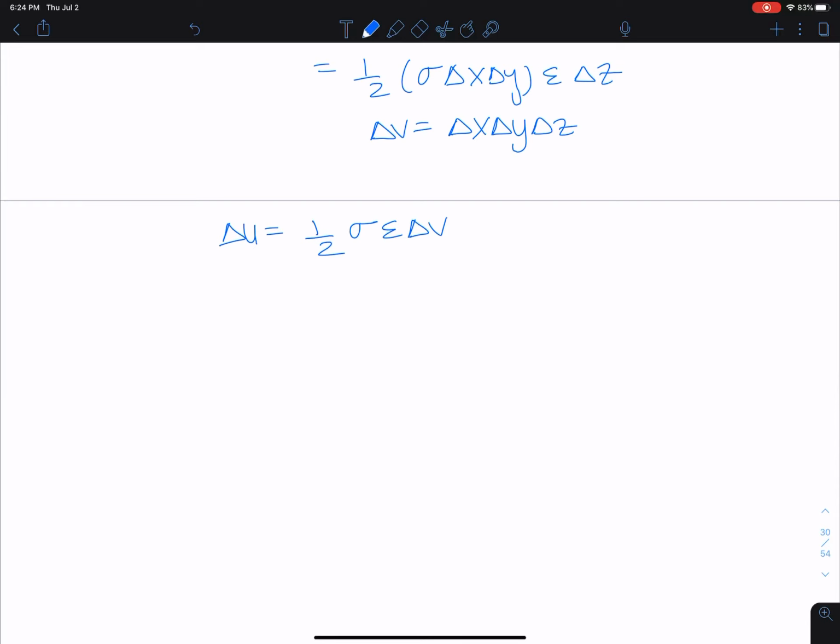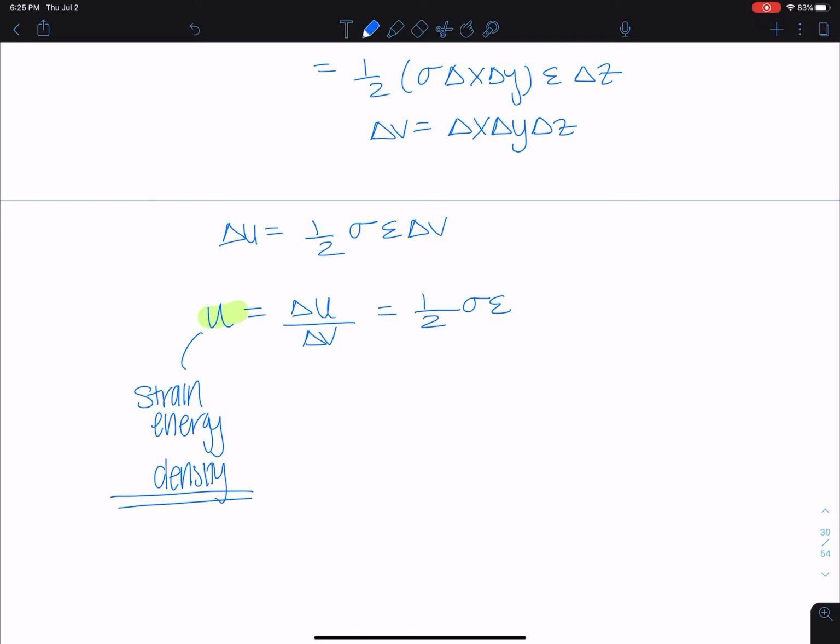So we call this U, which is delta U over delta V, as 1/2 sigma epsilon, and this U, I'm going to define this. This is the strain energy density of a material, okay?